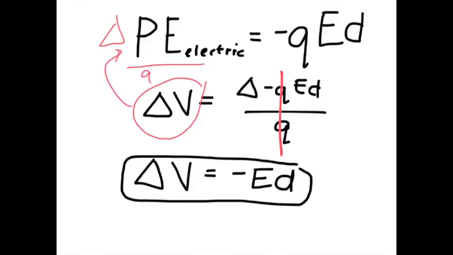So now if we plug in this expression for the change in potential energy, we would get that the potential difference is equal to delta negative QEd divided by Q. As you can see, the Q's would cancel, and we're left with delta V equals negative Ed. So in other words, the potential difference in a uniform electric field is equal to the negative magnitude of the field times displacement.